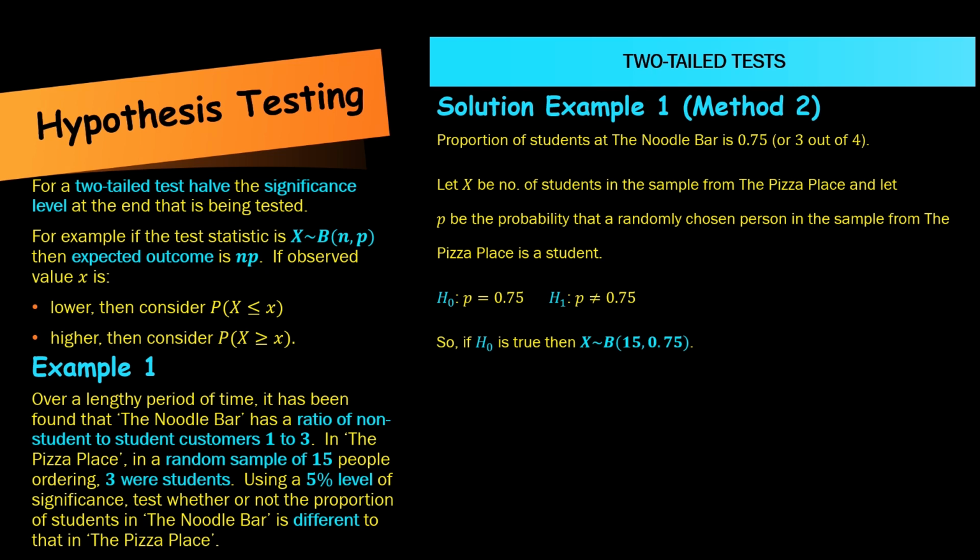So, let C1 and C2 be the two critical values such that the probability of x being less than or equal to C1 is less than or equal to 0.025, and the probability that x is greater than or equal to C2 is less than or equal to 0.025. And of course, we've used 0.025 because we're considering the 5% significance level, and 0.025 is half of 5%.